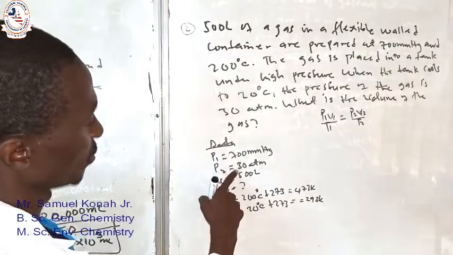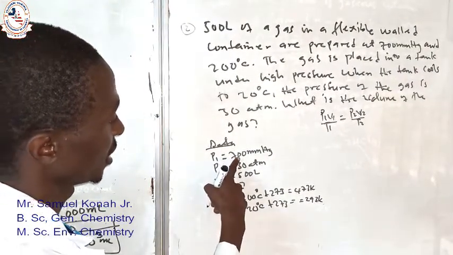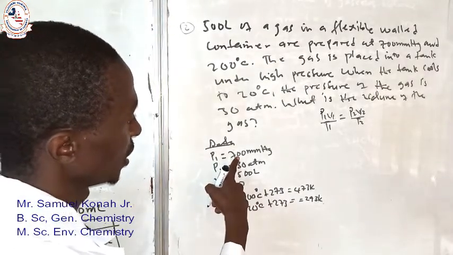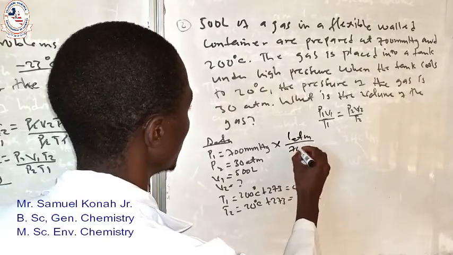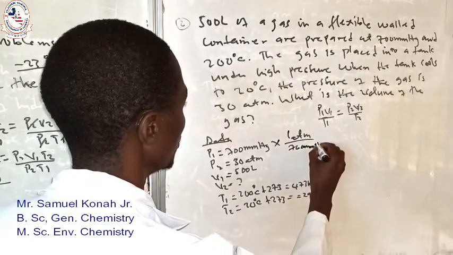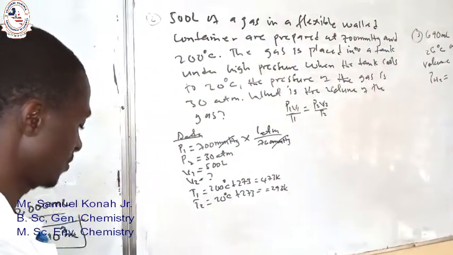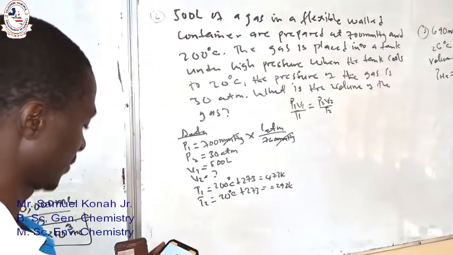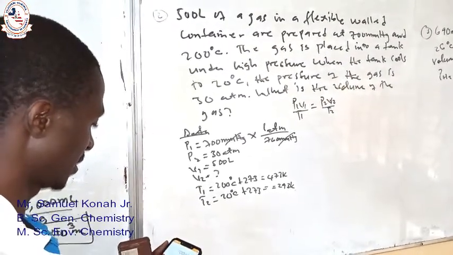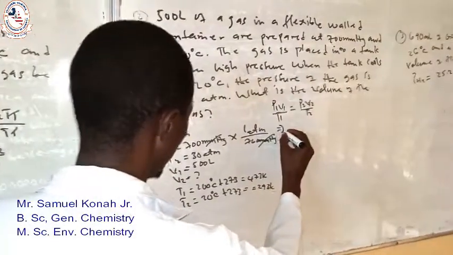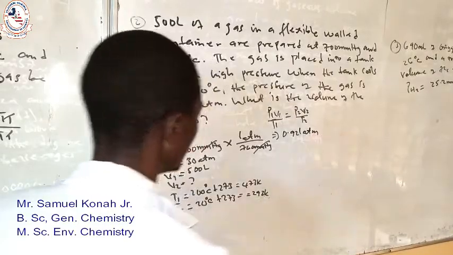Because our P2 is given in atm, we have to convert 700 millimeter mercury to atm. We say times 1 atm is equal to 760 millimeter mercury. So this and this will cancel. We divide 700 by 760, so our new pressure is 0.921 atm.